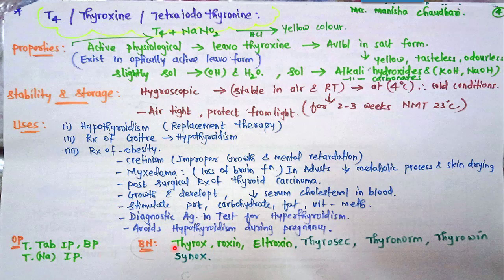Coming towards the brand names, the various brands of thyroxine, n number of brands are available as such, but a few of them to enlist here are Thyrox, then Roxine, Eltroxine, then Thyronorm, Thyrosec, Thyrovin, Synox. These are some of the brands available in the market of thyroxine.